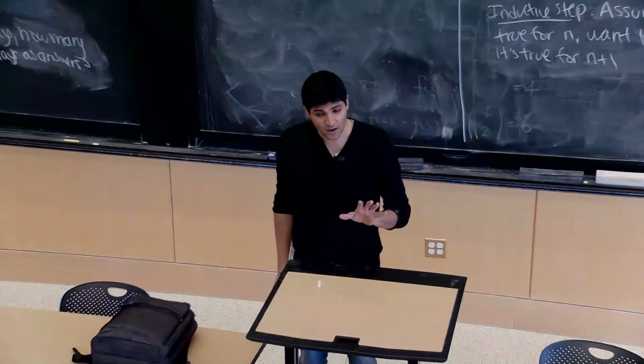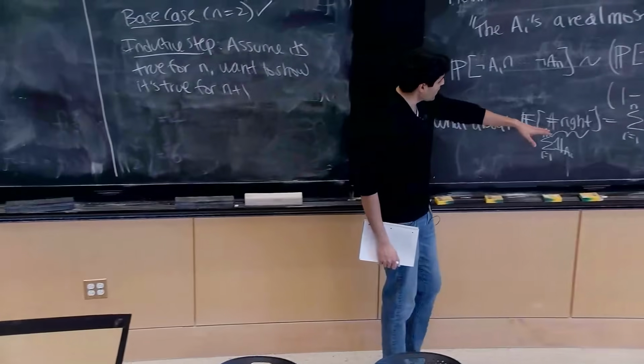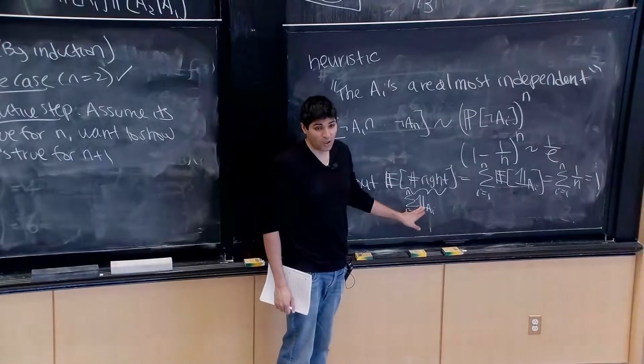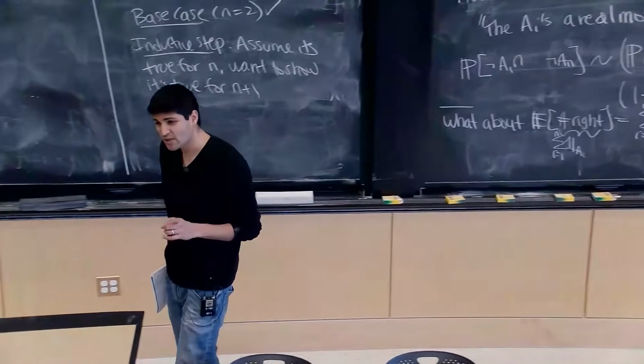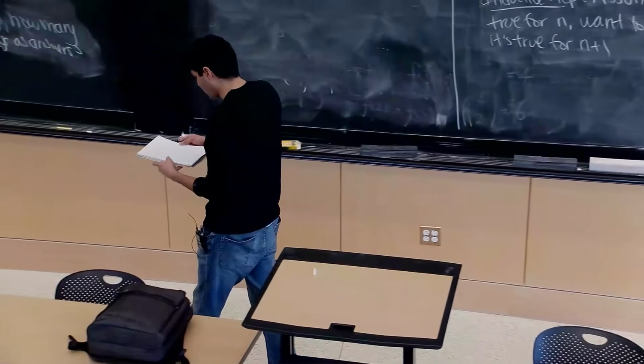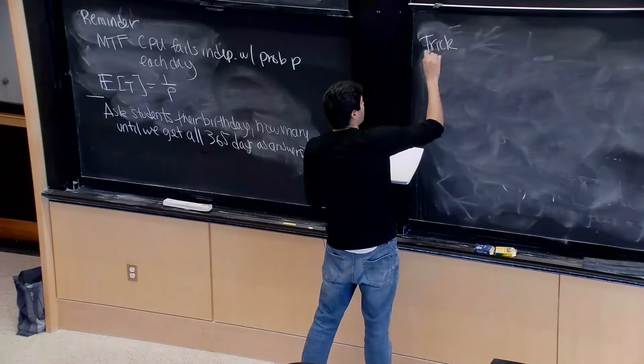So that's what I did there, because I broke up this random variable, which is the number right, into counting over all of these events, just as a sum of indicator variables. Here we're going to have to do the same type of trick, but we're going to do it in a more clever way, right? So same type of trick in action.